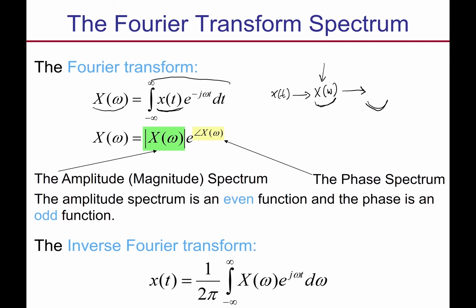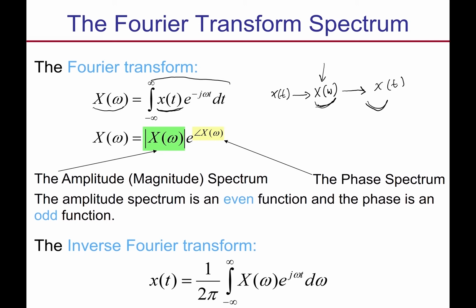Because we are not used to hearing the frequency domain, we are used to the time domain. Or an image, we are used to the spatial domain, not the frequency domain. If I show you an image in the Fourier transform or the frequency domain, it will make no sense to you. You have to see it in the spatial domain. Same thing, speech. So how do I get from here back to x of t?